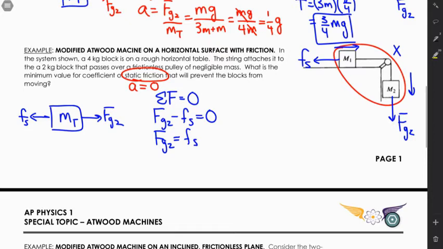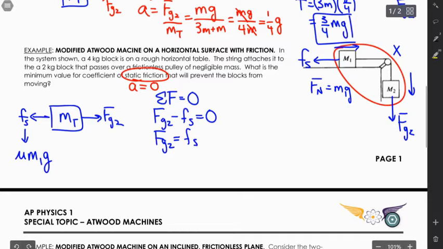So we do have to worry about the vertical for M1. What does Fn equal? M1g. Remember, friction is mu times the normal force, and so this over here becomes mu M1g. That's what I'm going to plug in.